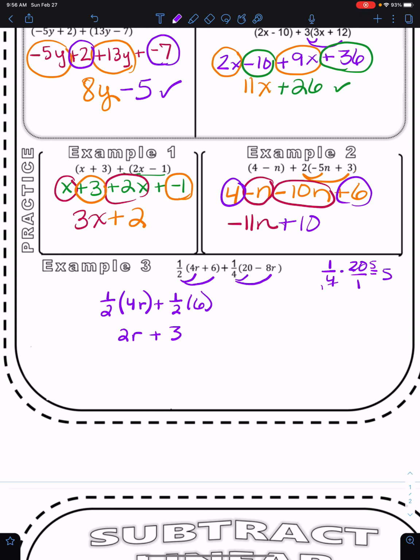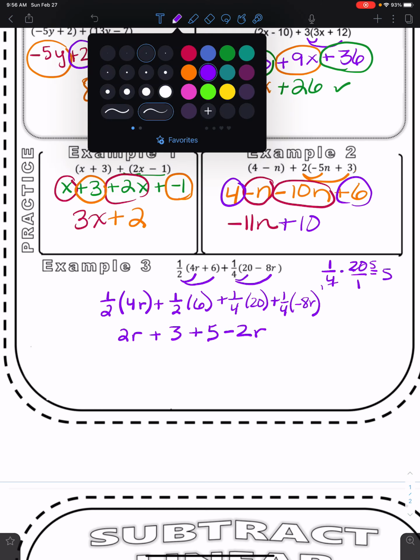Any way you do it, you're going to get 5. So we're doing 1/4 of 20, and we're doing 1/4 of negative 8r. So 1/4 of 20 is 5, and 1/4 of negative 8 is negative 2. So I have negative 2r. Look at how nice and neat that already is.